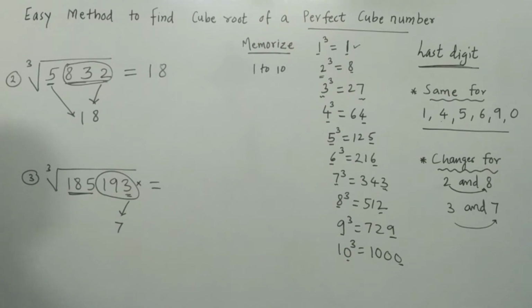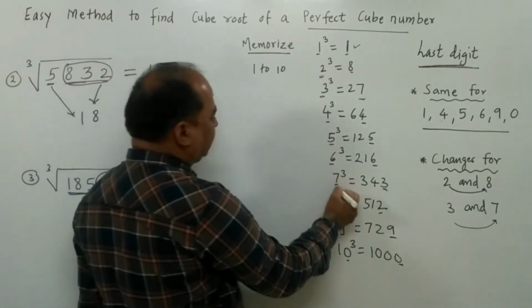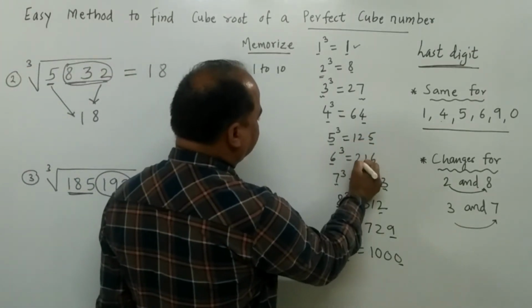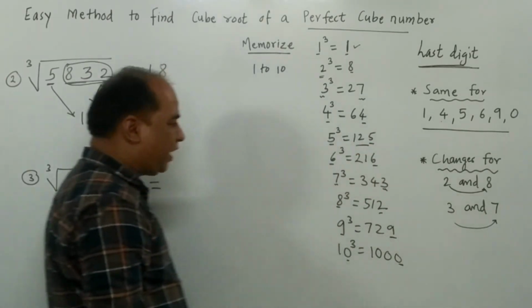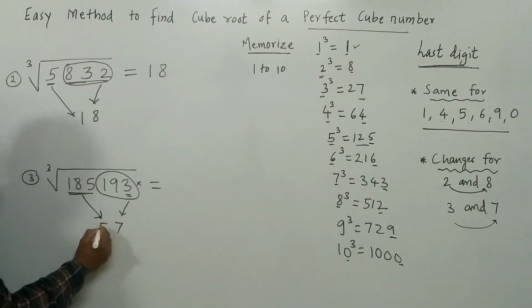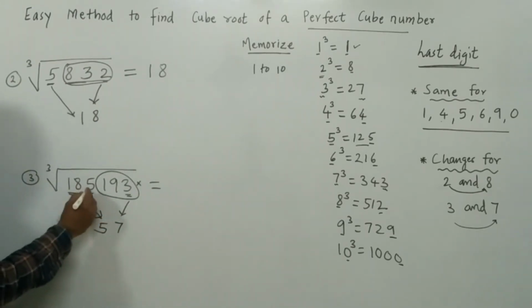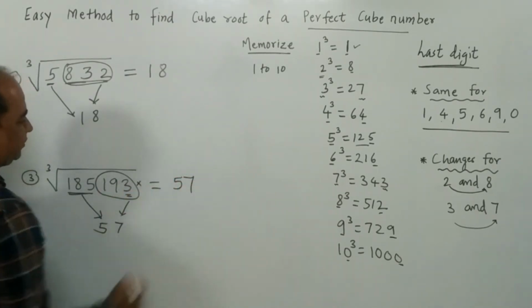You should see the cube of the number which is smaller than 185. In this list, the cube smaller than 185 is the cube of 5, that is 125. So the number at the tens place will be 5. So the cube root of 185193 is 57.